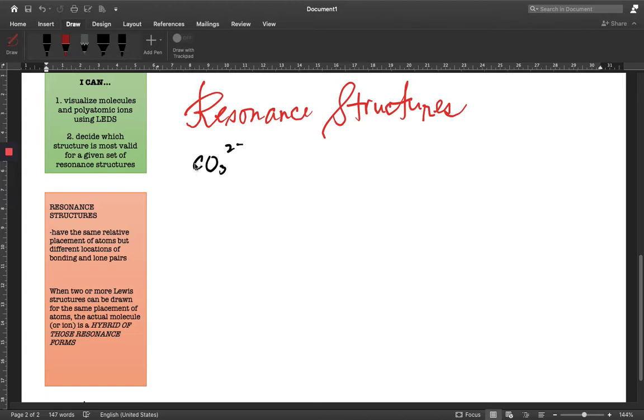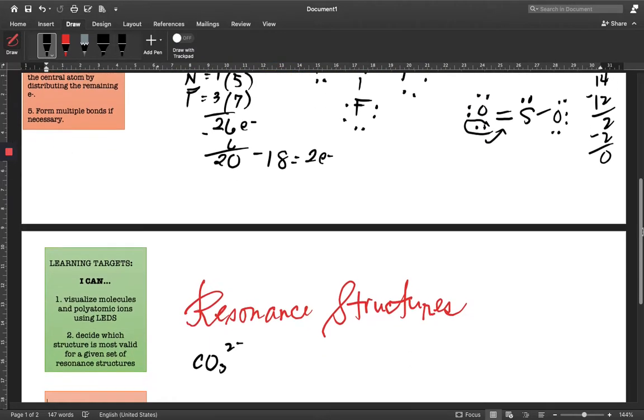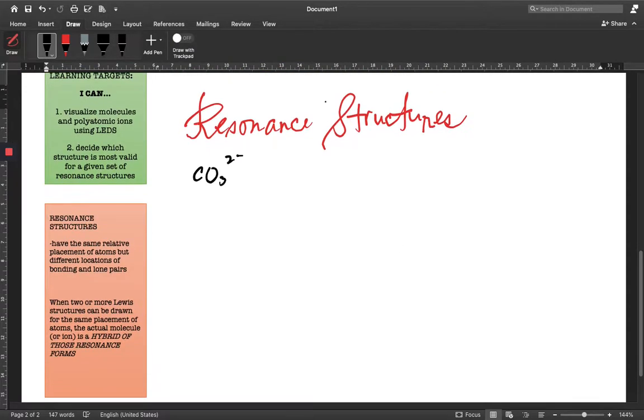So the central atom in this case is carbon, and it's surrounded by 3 oxygen atoms, right? So going back, our least electronegative element here is carbon, which will be our central atom, COO.